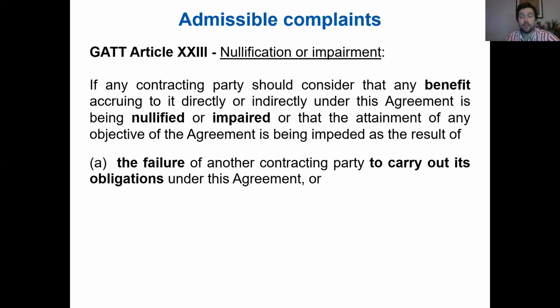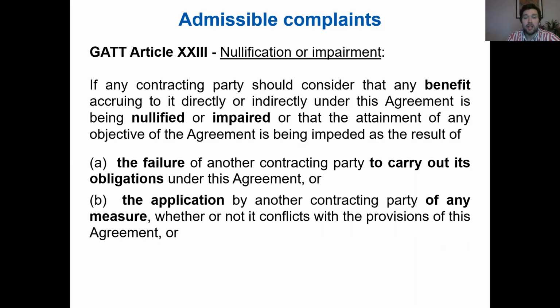Interestingly, there are other grounds when WTO members could initiate disputes. And the most tricky one is the next one: the application by another contracting party of any measure, whether or not it conflicts with the provisions of this agreement. So, the application of a measure which is not necessarily in conflict with the provisions of this agreement.